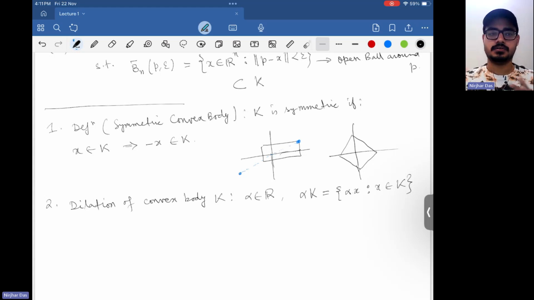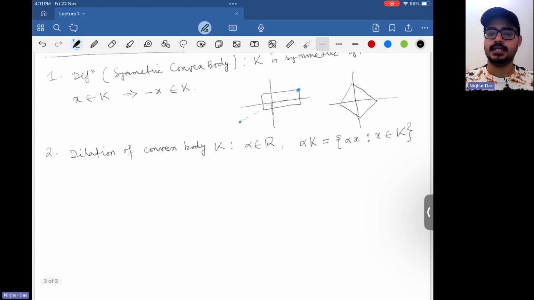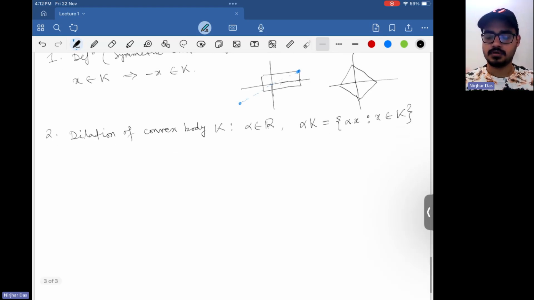If you have a unit ball and you take a dilation of size r, then you end up getting a ball of radius r. So this is scaling up or scaling down according to the real number that you are given. It can also have sign changing operations, because we allow alpha to lie in R. So alpha can be negative as well, so we can have an inversion with respect to the origin as well.